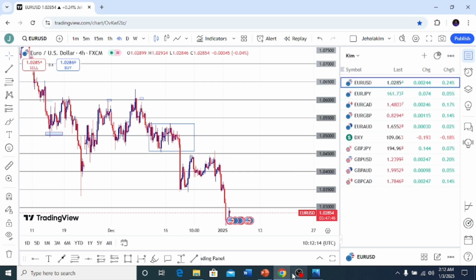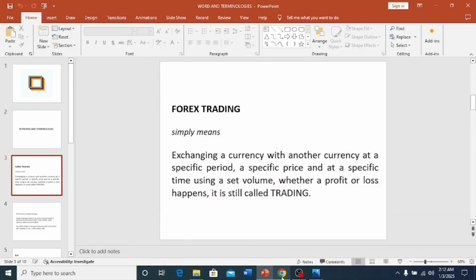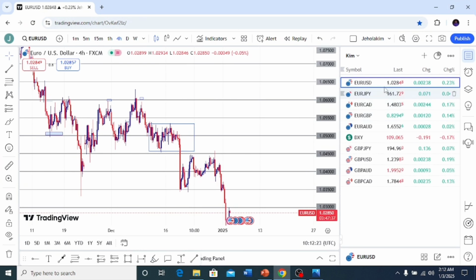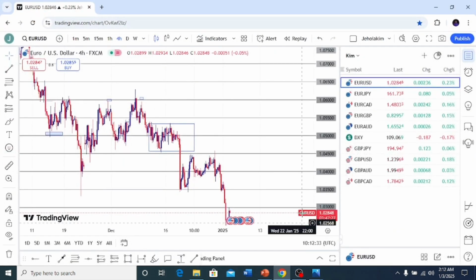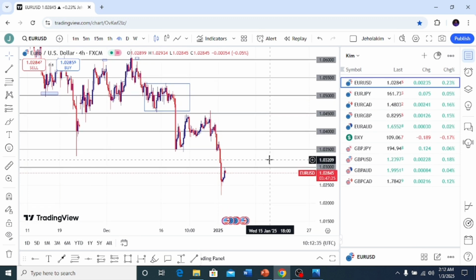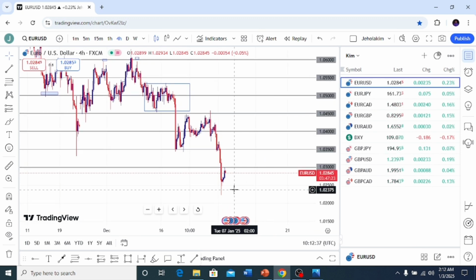Now let's go to the definition. As I started, exchanging a currency with another currency. Okay, so let's just go with the normal Euro USD. Now we're exchanging Euro against USD. Let's go deeper. At a specific period. Now when you are going to trade, let's take for example right now, if this prints my setup, this is the period I'm about to trade.